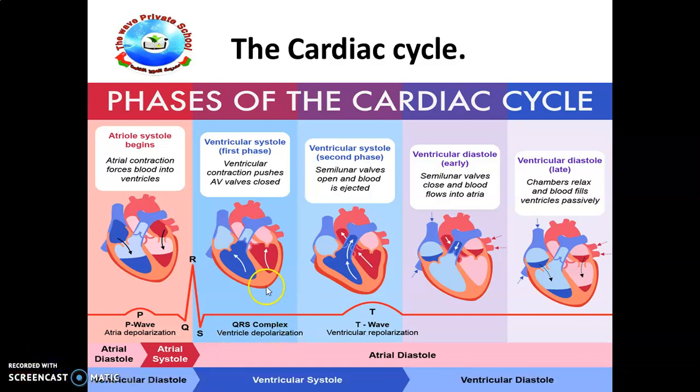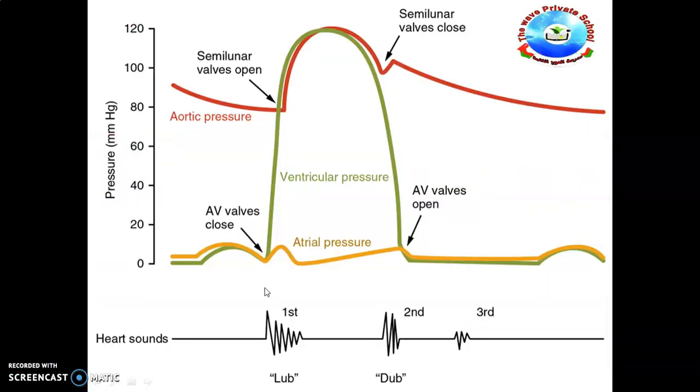Then let us see how the pressure changes in the aorta, left ventricle and left atrium. This is the graph you can see here for the pressure in mm of Hg, and this is time. X-axis for time, y-axis for the pressure. So here you can see the AV valves are closed, and then aortic pressure you can see here in the red line, and the green line is for semilunar valves.